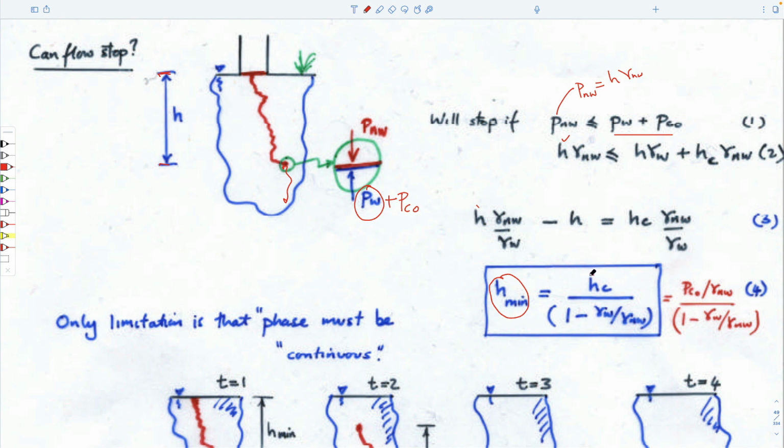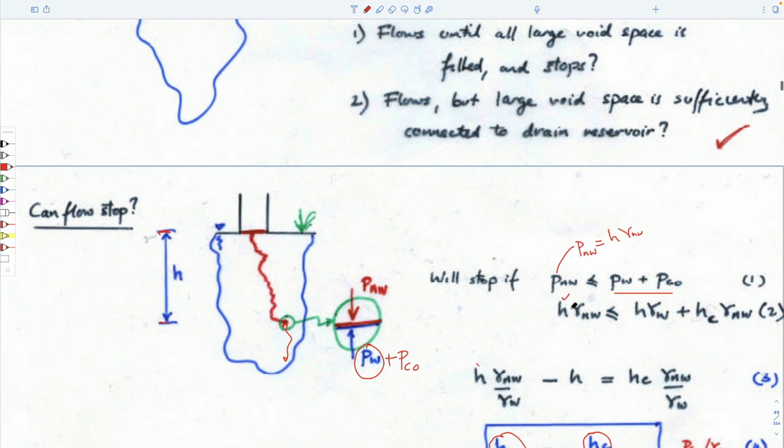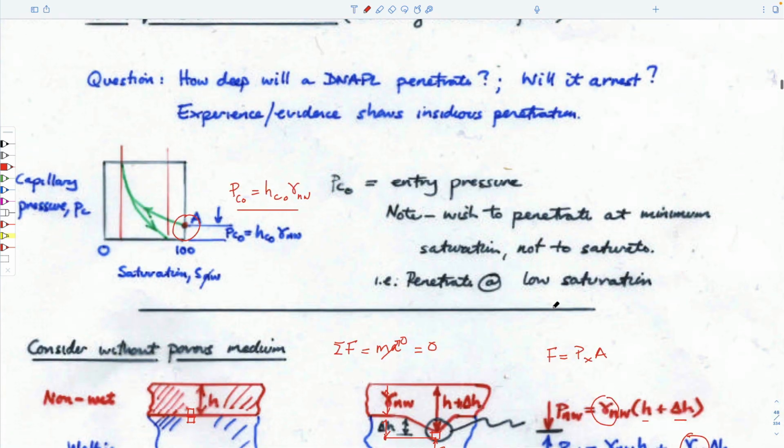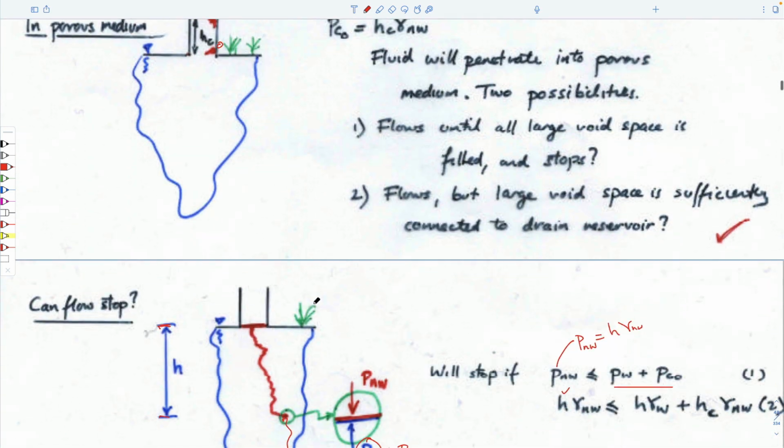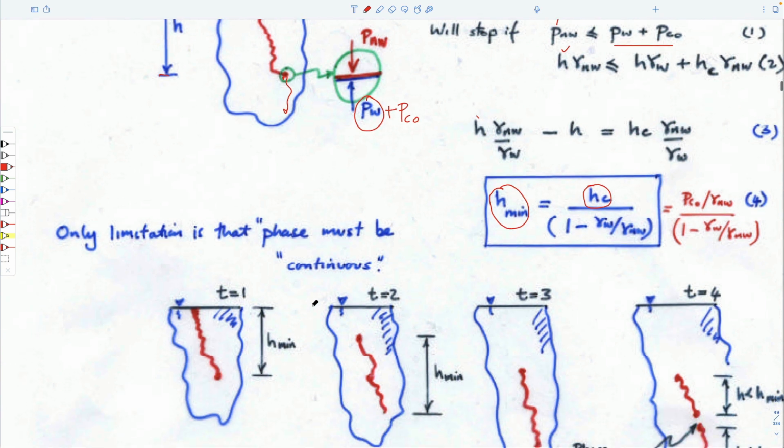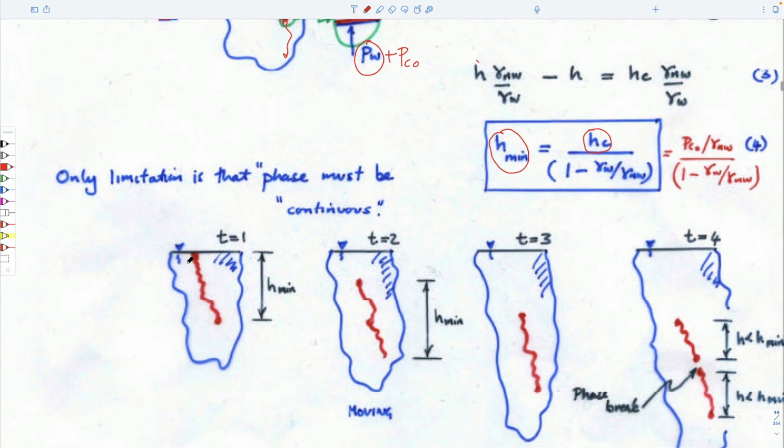And also a function of the aquifer, which is this entry pressure, which would just be this PC0 over the unit weight of the non-wetting fluid, by definition. And so that suggests that as long as this height of this ganglion is larger than H min, there's no reason that it can't detach itself from the surface and just travel down by translation.